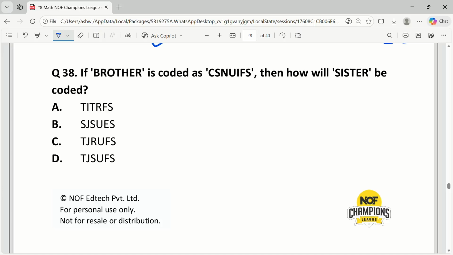If BROTHER is coded as CSNUIFS, then how will SISTER be coded?